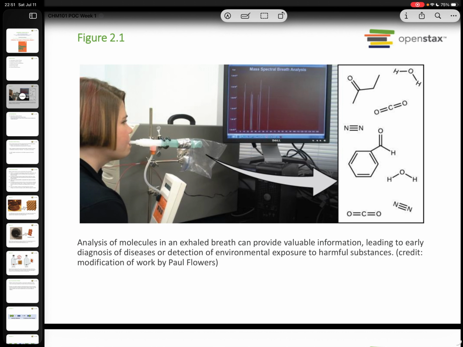So before we go into the details ng ating buong lesson, let us connect to the topic to real applications, no? So this figure shows that molecules in a person's exhaled breath can provide useful information about his or her health, disease, or environmental exposure. So this is possible because molecules have identities, and a molecule's identity depends on what atom it contains, no?